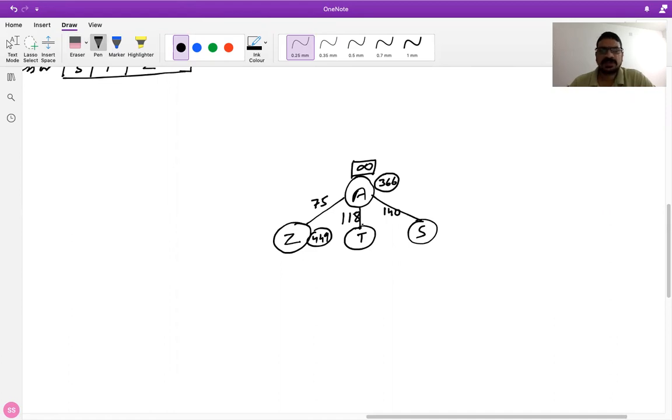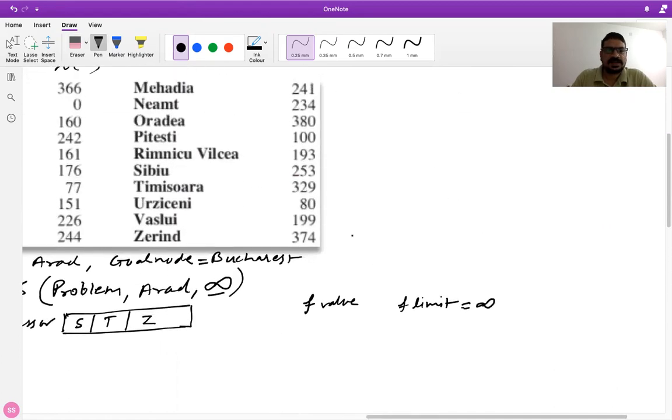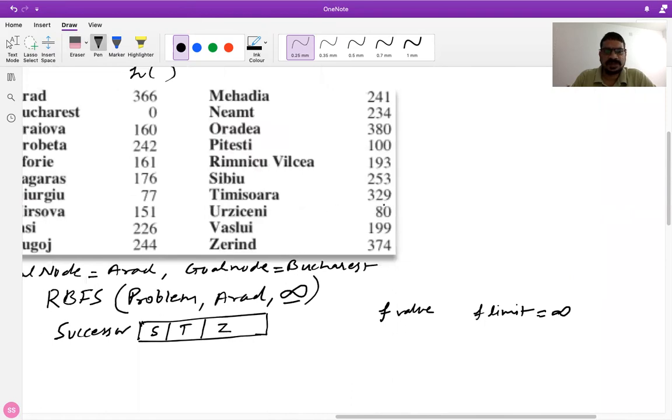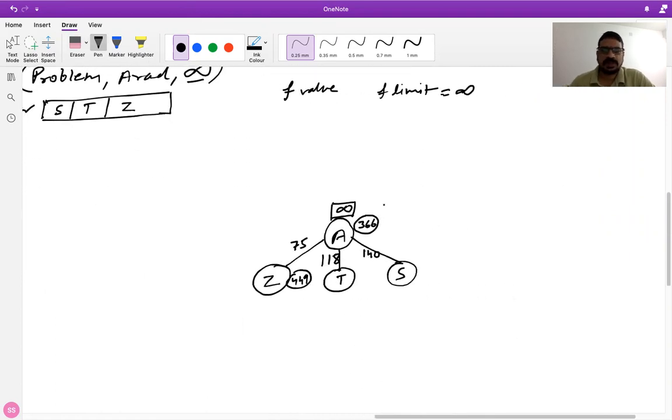The path cost is 118, and the heuristic value for Timisoara is 329. 118 plus 329 is 447. Is 447 greater or is 366 greater? Definitely 447 is the maximum, so we'll write 447 as the f value of Timisoara.